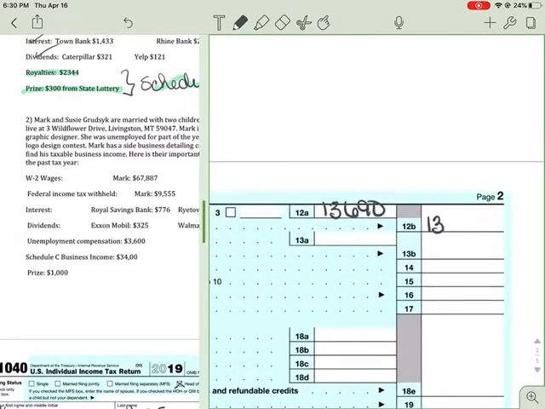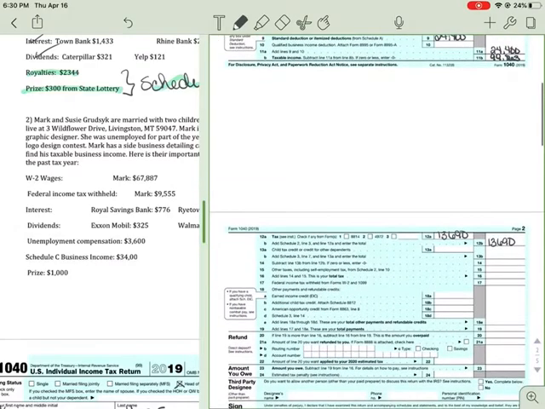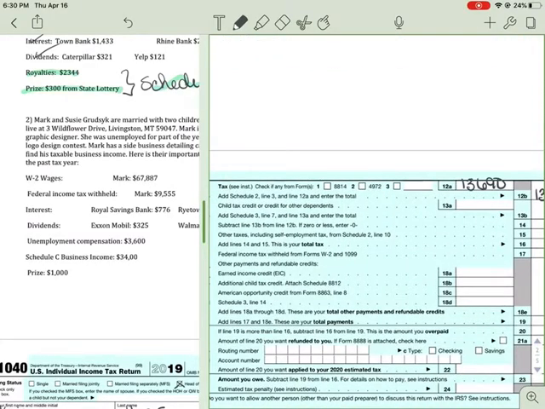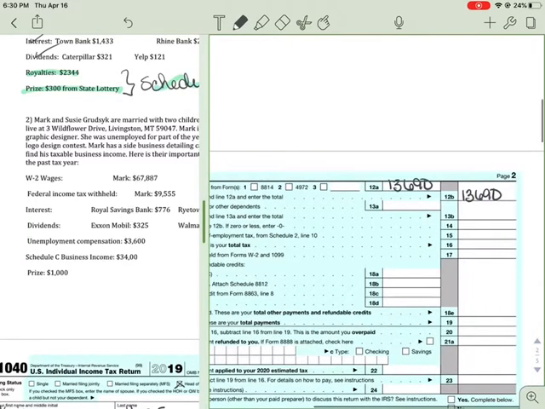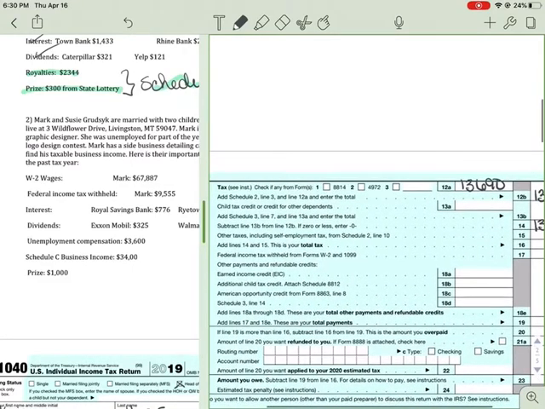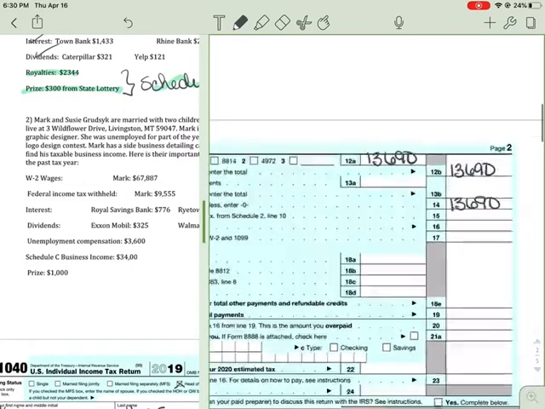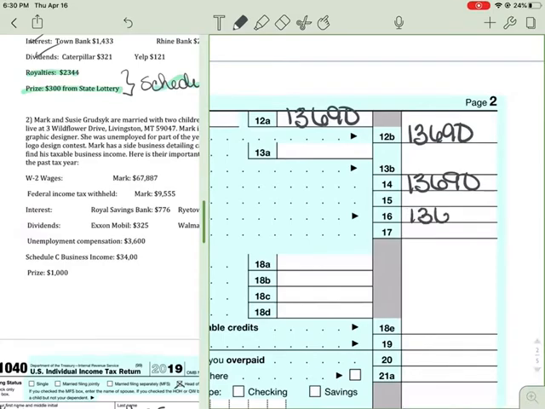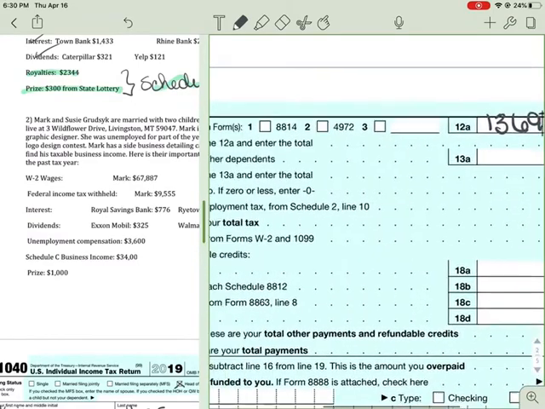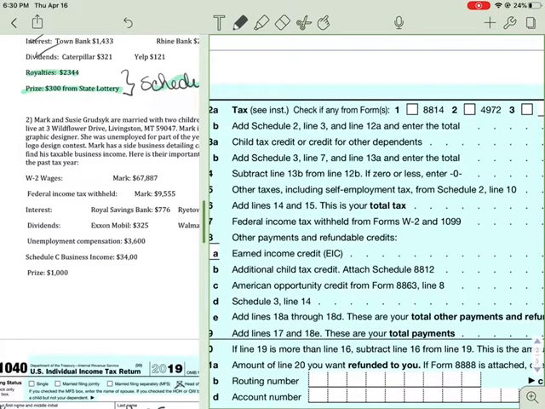We're going to put that here because we don't have anything else to add to that. We don't have any child credits, any other schedules, anything along that line, so we're just going to leave it as 13,690. Other taxes, we already did that. So our total tax is 13,690.